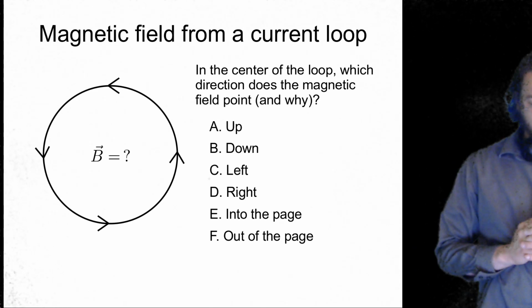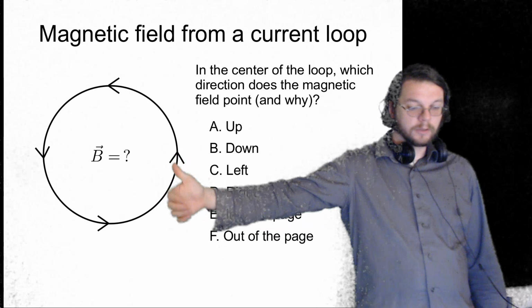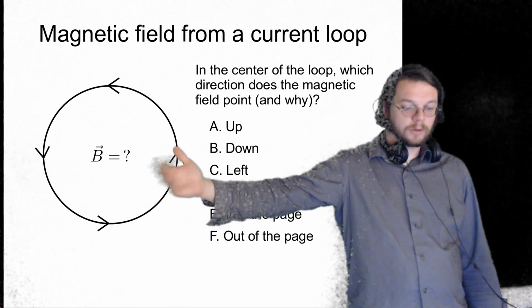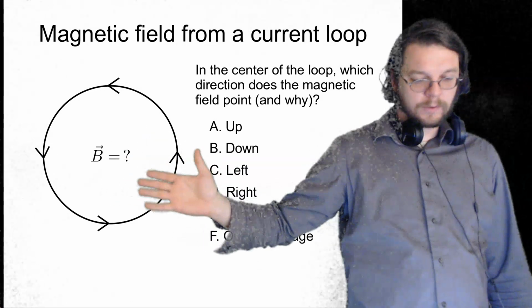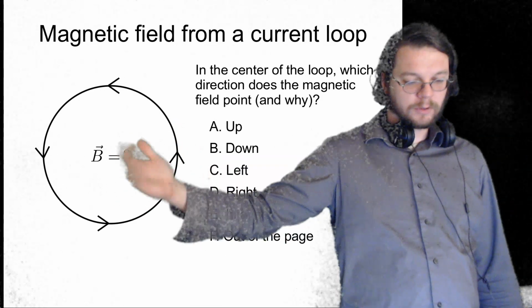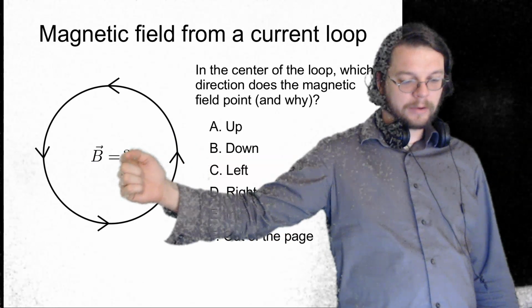Okay, so if you apply the rule that your thumb goes in the direction of the current and then your fingers curl around, then at this position in the middle, your thumb goes in the direction of the current, your fingers curl around, the magnetic field would seem to be going out of the page.